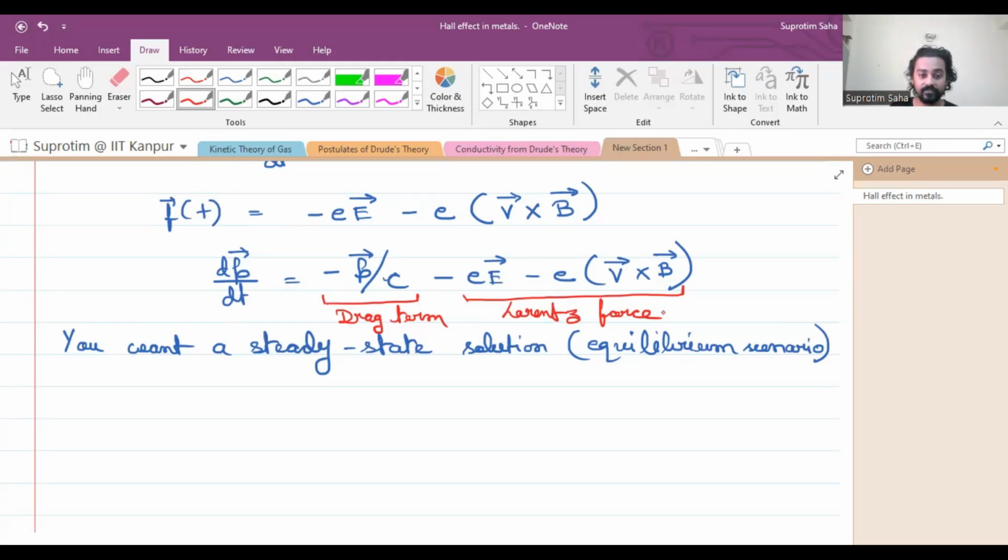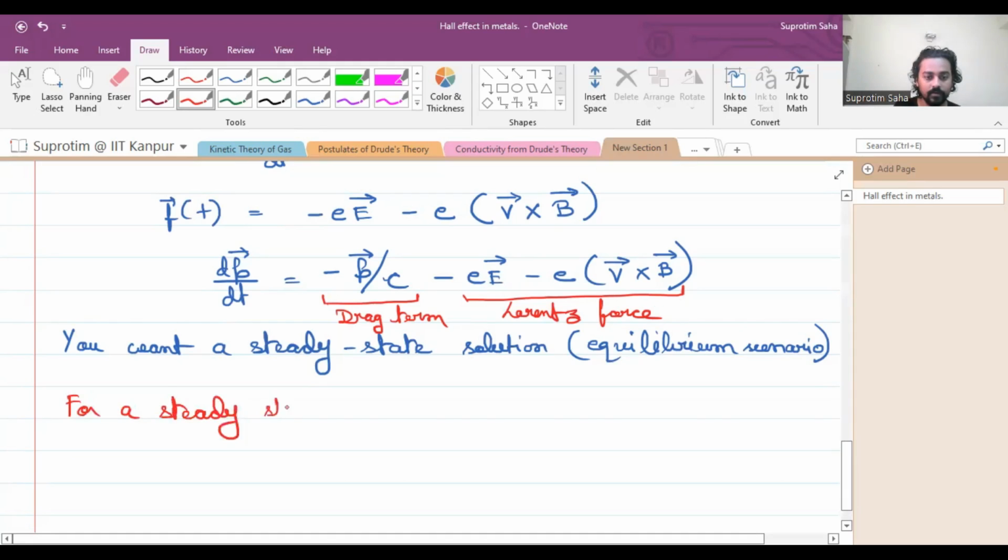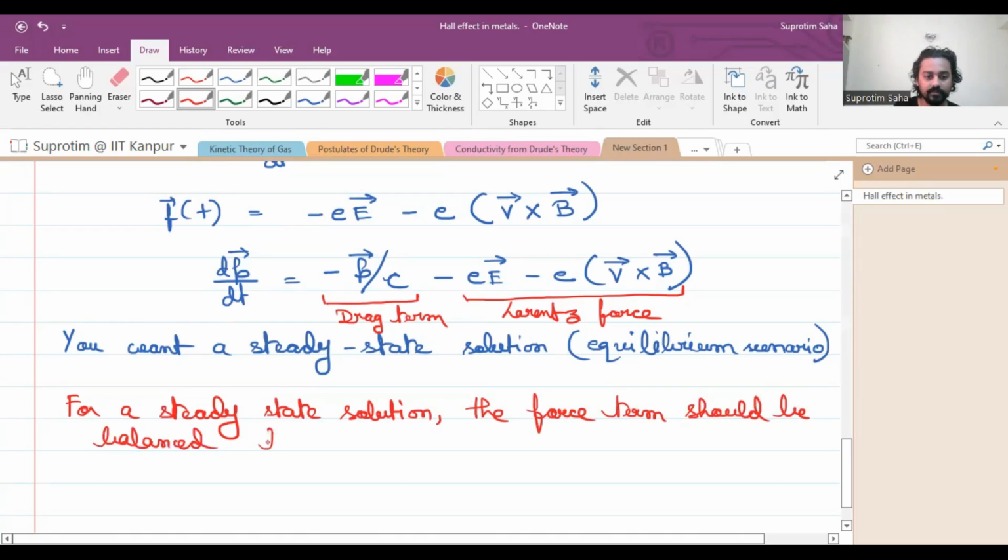So, for a steady state solution, the force term should be balanced by the drag term.